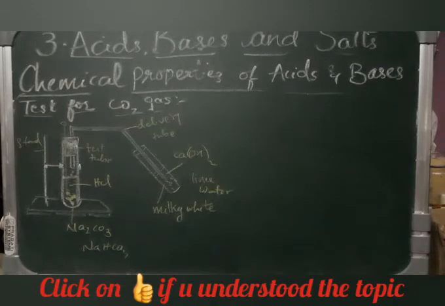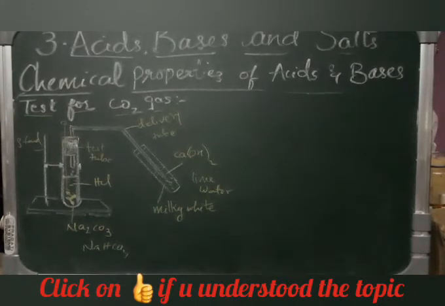Similarly, you can take any acid in place of hydrochloric acid, or you can take even metal carbonates or metal hydrogen carbonates also, but that will result in the formation of carbon dioxide gas only. Release of carbon dioxide gas will turn the lime water into milky white.